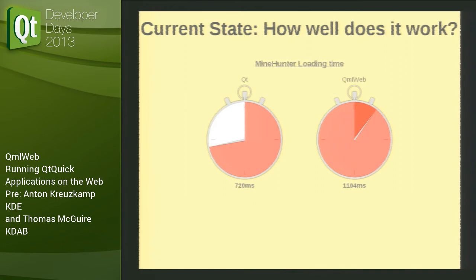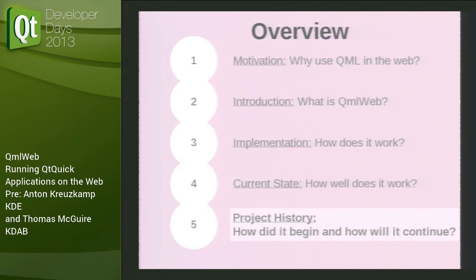It's not very good, but it is in the early stage. I have many ideas how we can improve the performance. And at least it's not so bad that you couldn't use it at all, as Mindhunter is quite a complex example already. And it's going to improve.